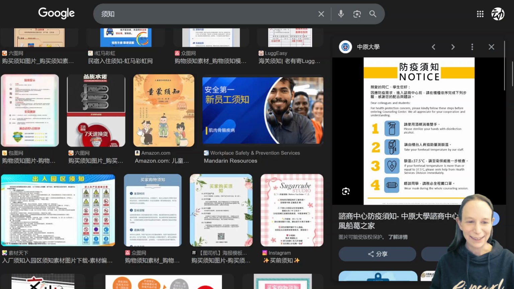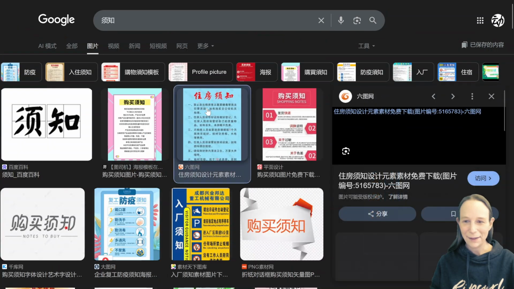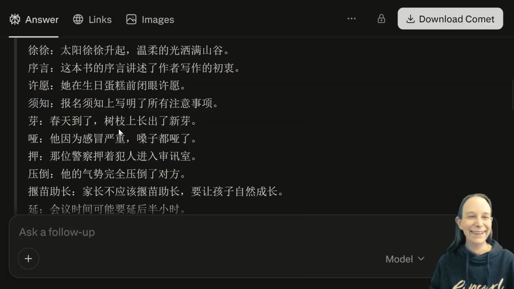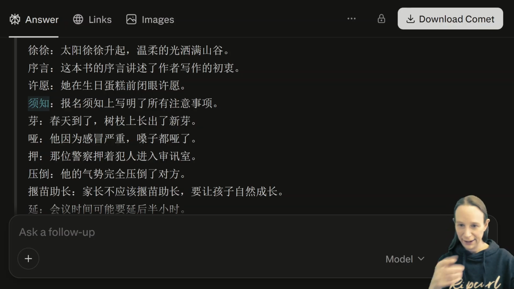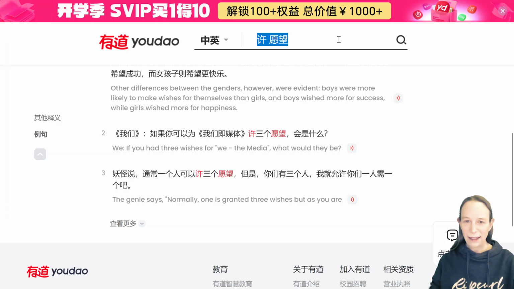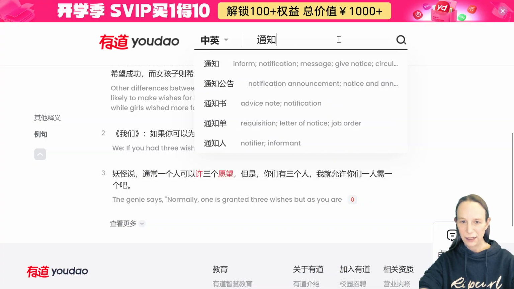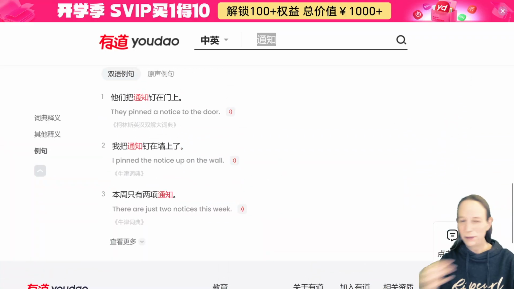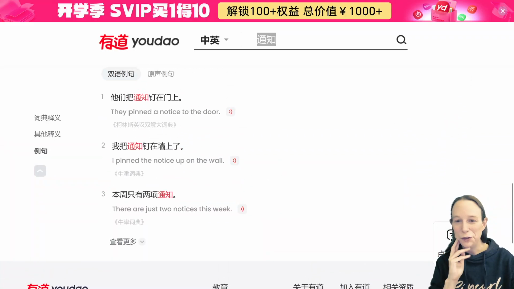Anyway, 须知, no one actually reads these. But you need to know this for when you take elevators, like safety instructions and so on. Normally 通知 is more important, or at least probably should be less ignored than 须知.